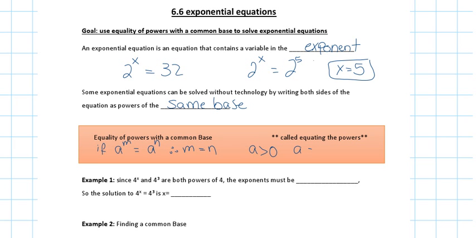Why can't it equal 1? Because it doesn't matter how many times you raise it, it's still going to be 1. If I have 1 to the power of 1,000, it's going to equal 1 to the power of 5, right? 1 to the power of 1,000 is 1. 1 to the power of 5 is 1. But yet, 1,000 and 5 are not equal to each other, right? That's why my base cannot equal 1.